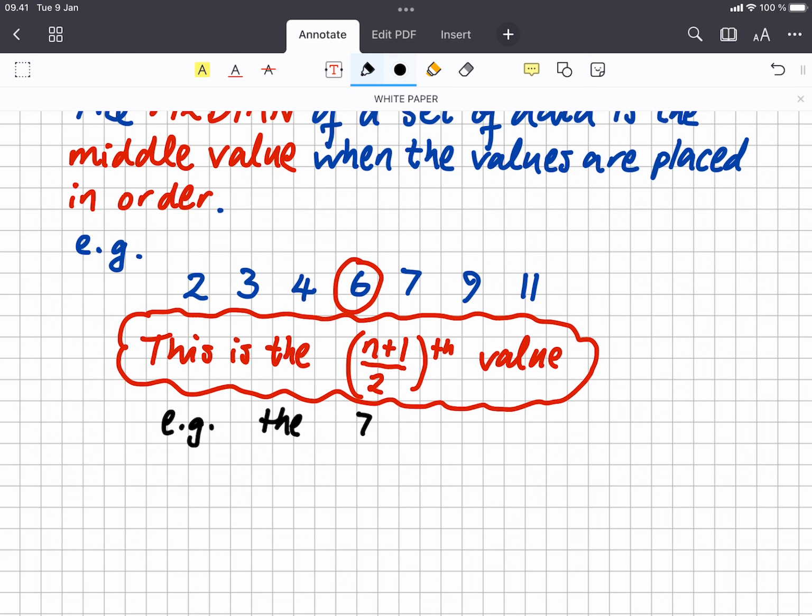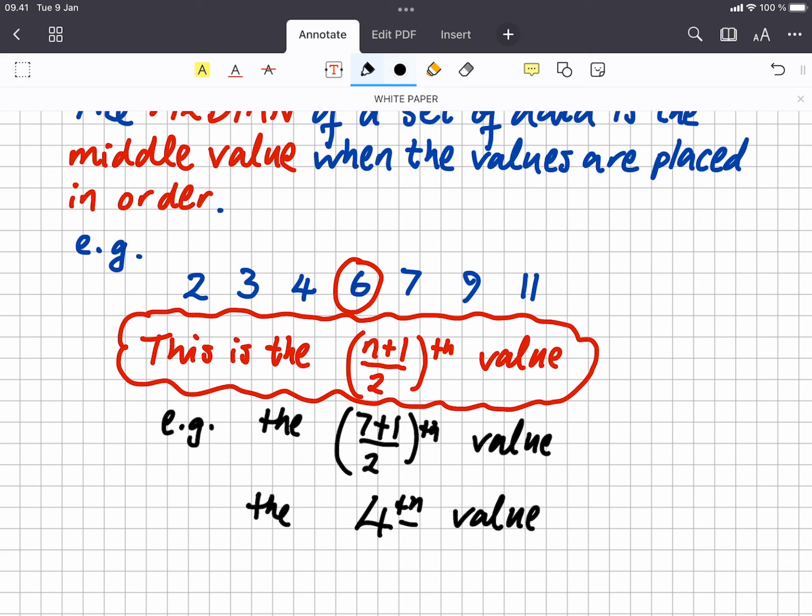So it would be the 7 plus 1 divided by 2th value, and that works out to be 4, i.e. the 4th value in this case. So that's 1, 2, 3, 4.